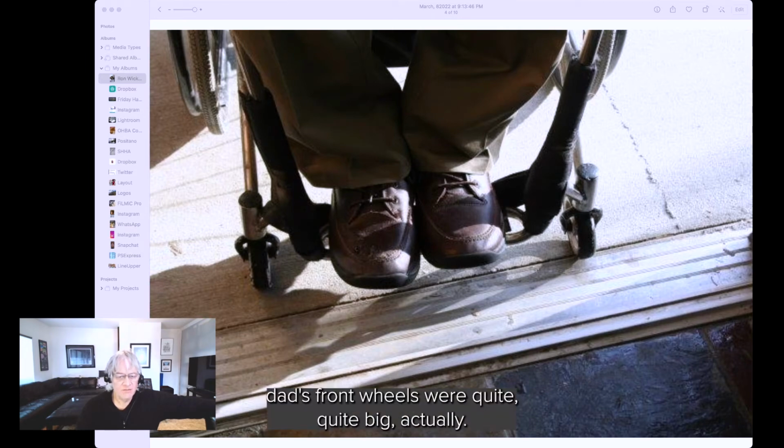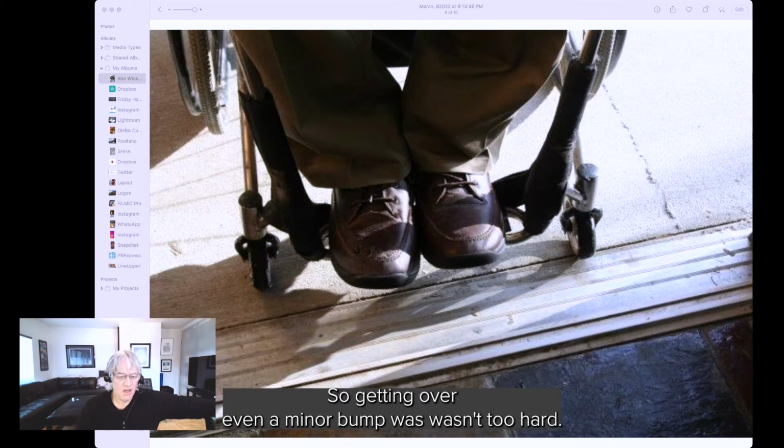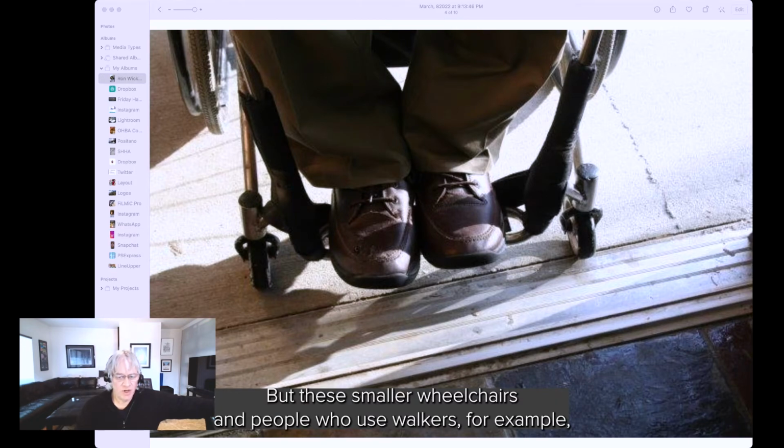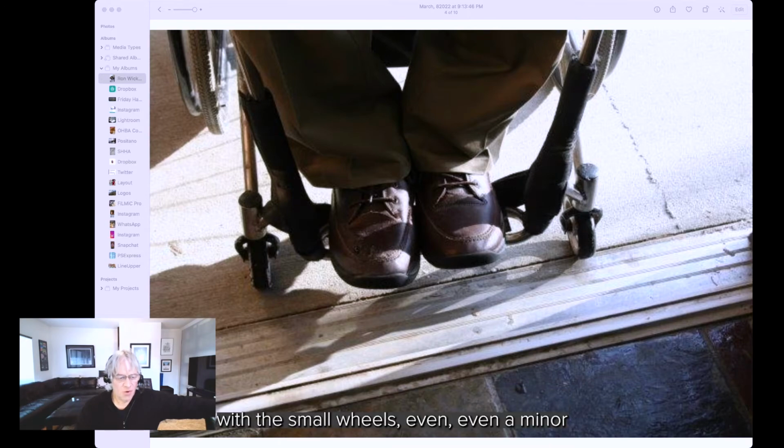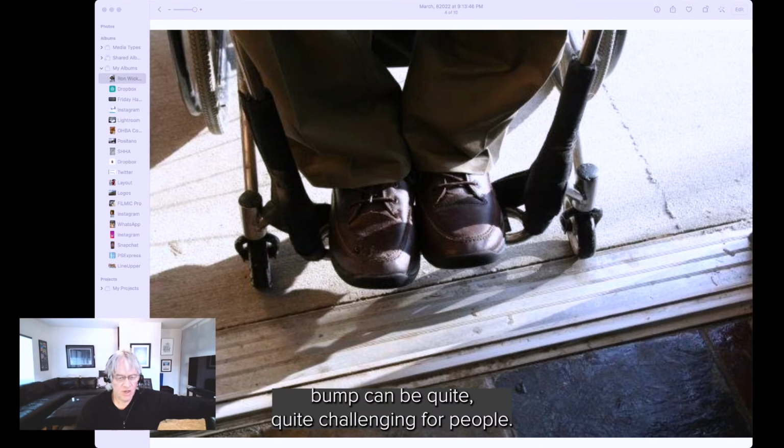My dad's front wheels were quite big, actually, so getting over even a minor bump wasn't too hard. But with these smaller wheelchairs, and people who use walkers with small wheels, for example, even a minor bump can be quite challenging.